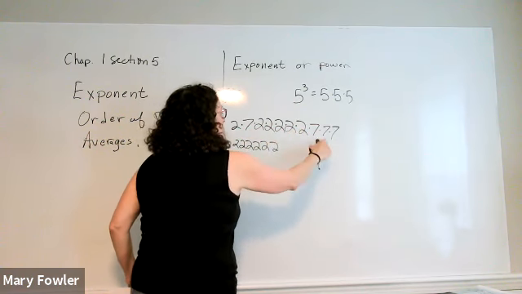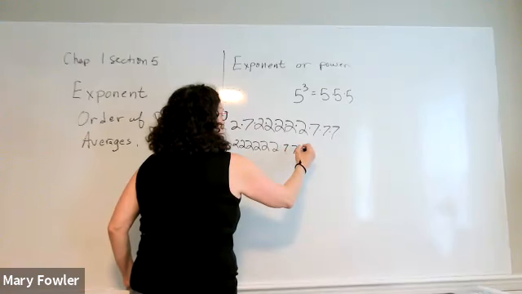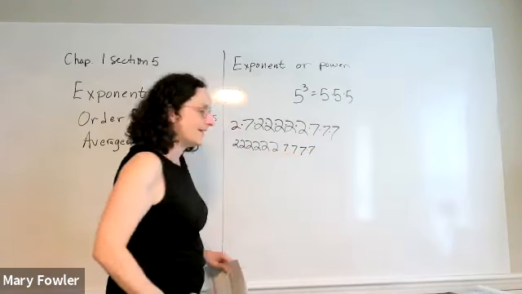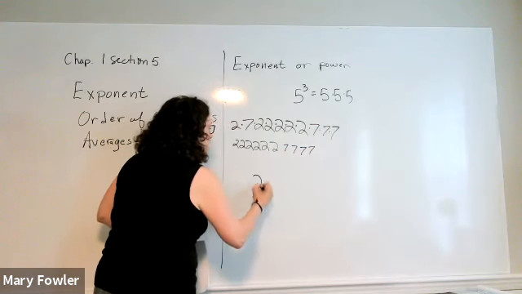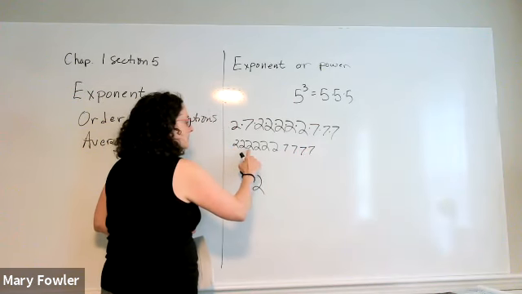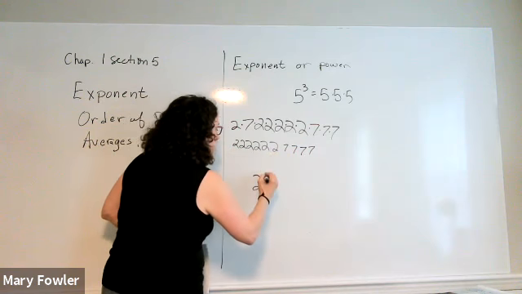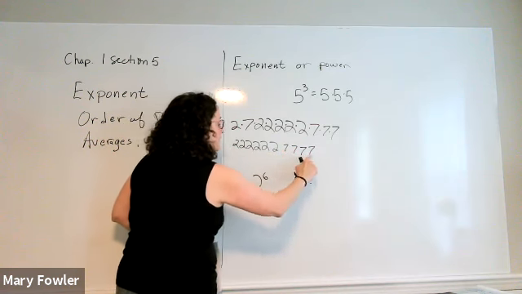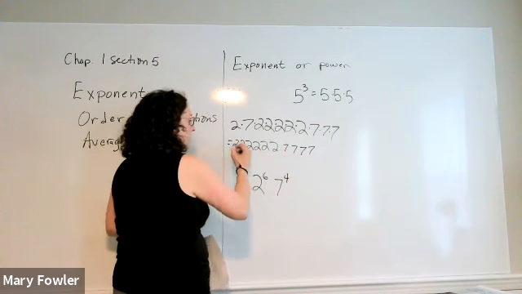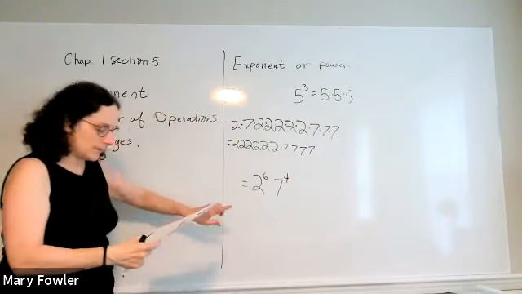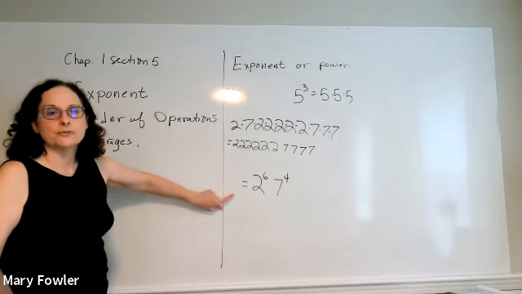And 4 7s. Okay, so now I'm going to write the base of 2 once and count up how many times. 6 of the 2s and 4 of the 7s. So this is written in exponential form.